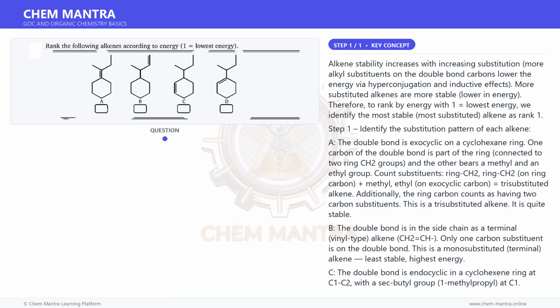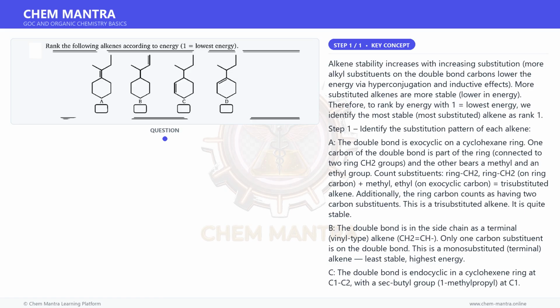C. The double bond is endocyclic in a cyclohexene ring at C1, C2 with a sec-butyl group, 1-methylpropyl, at C1. Substituents on the double bond: C1 has the ring bond on one side and the sec-butyl group, C2 has two ring CH2 groups. This gives a trisubstituted alkene.